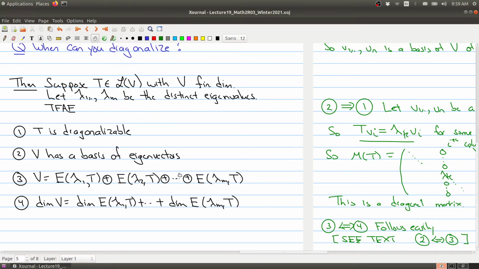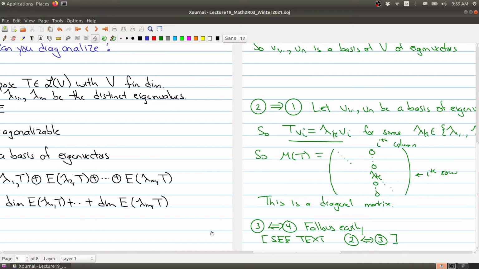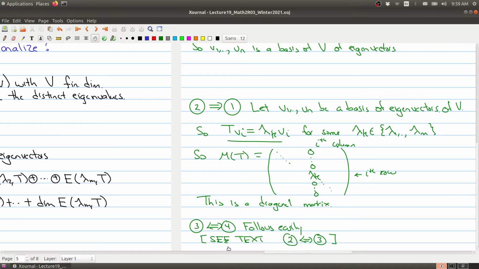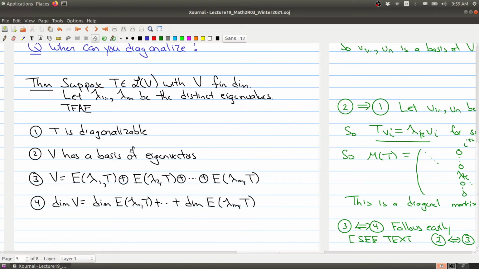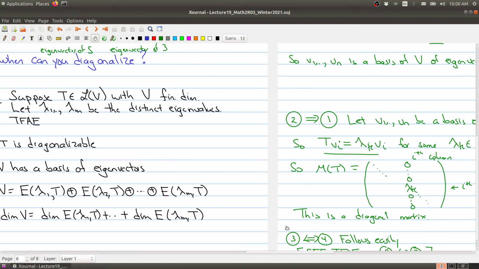If the dimensions are the same, then the vector spaces should be the same as well. So 3 and 4 follow easily, and you can look at the textbook, which works out all the details. For the interest of time, I skipped that proof, and I thought it was more informative to see the equivalence of 1 and 2. So that proves the theorem.